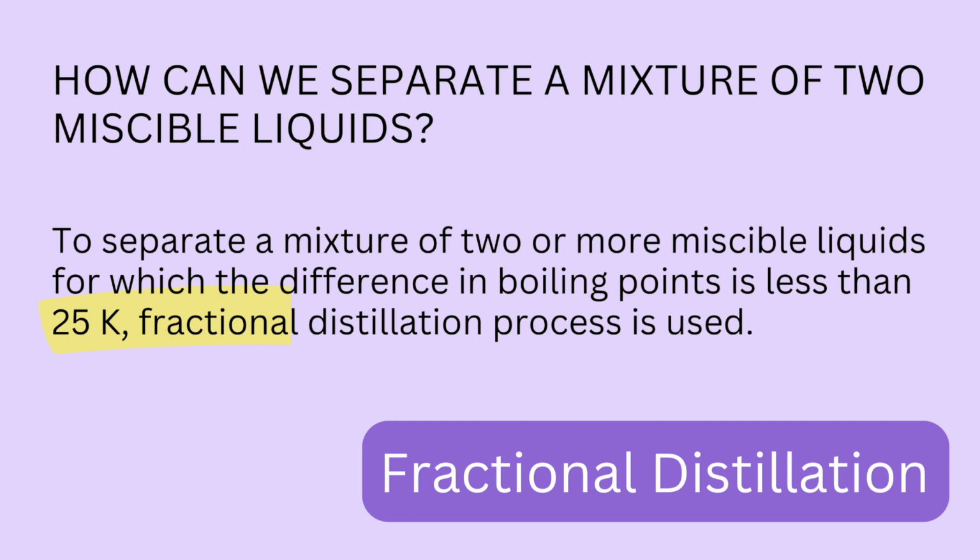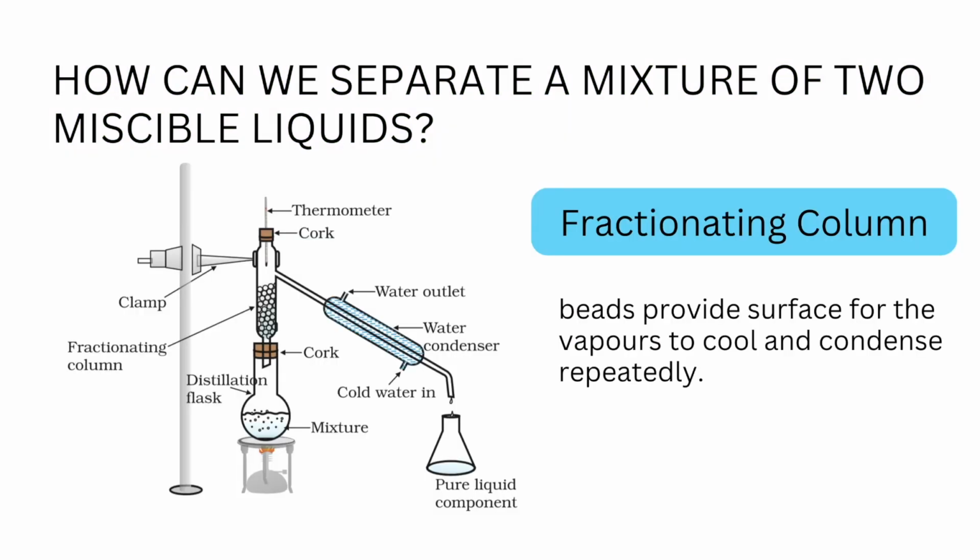So what we have come up with is something called fractional distillation. In fractional distillation, the apparatus is very similar, but we also have something called a fractional column above the distillation flask, and the condenser is connected to the fractional column. The fractional column is just a glass tube with some glass beads.